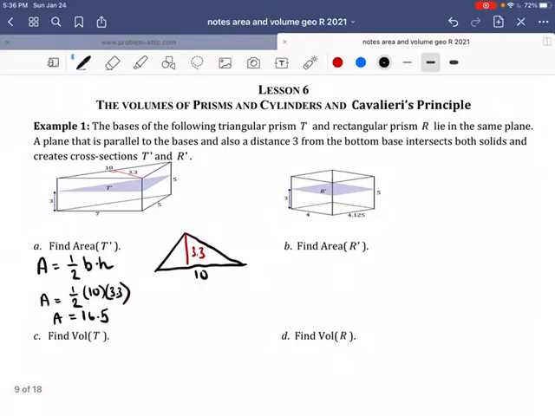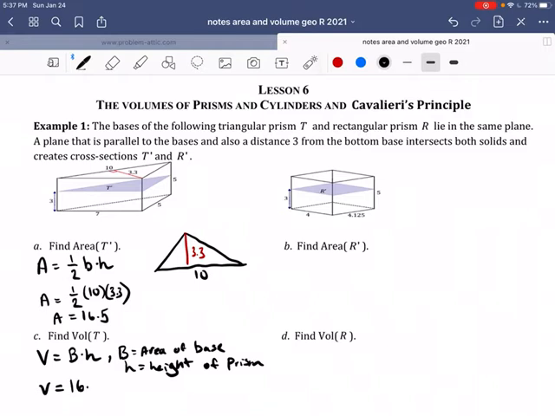Part C asks you to find the volume of T. So remember from last lesson, the volume formula for any prism is capital B times H, where capital B is the area of the base and H is the height of the prism. Well, looking at this, we already have the area of the base. That's what we solved for in part A. So we know that the area of the base is 16.5.